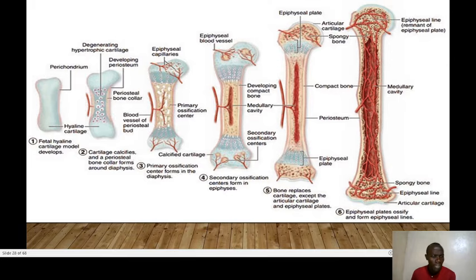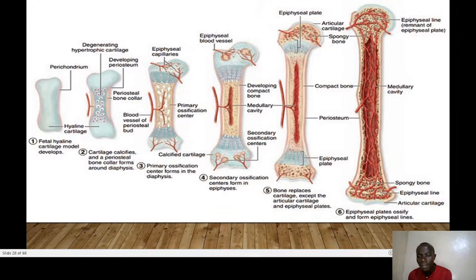So we have the fetal hyaline cartilage develops, the cartilage calcifies, and the periosteal bone collar forms around the diaphysis. The primary ossification center forms in the diaphysis, then the secondary ossification center in the epiphysis. Bone replaces the cartilage except the articular cartilage and the epiphyseal plates.